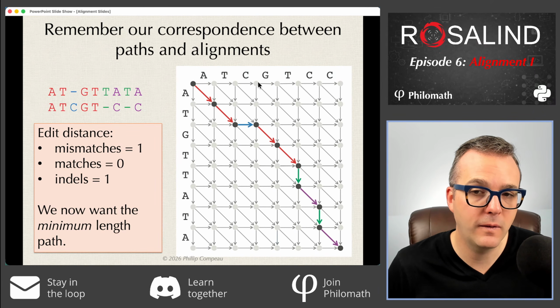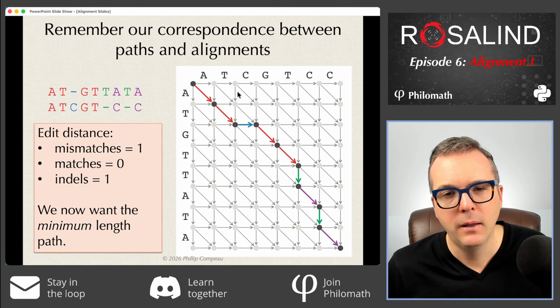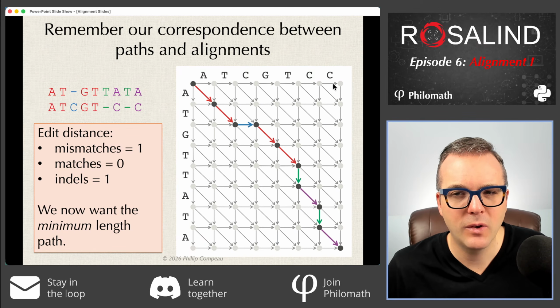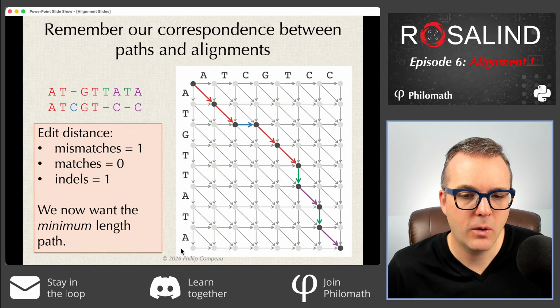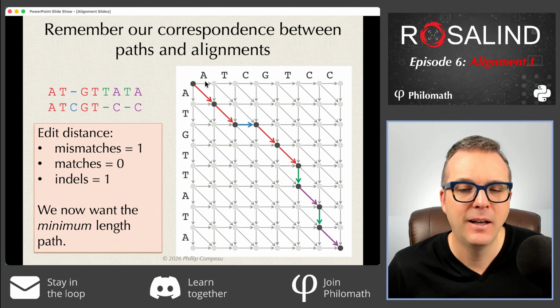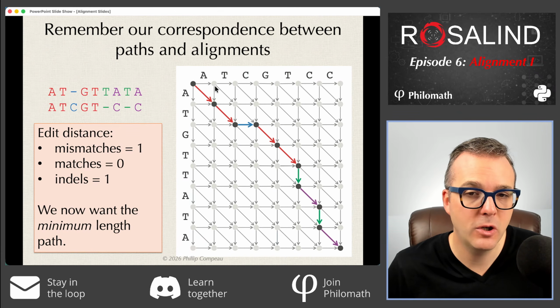So if I were here, for example, I'm aligning ATC against nothing, which means I'm picking up 3 horizontal edges and I'm penalizing each of those with a 1. So I can set all the values of the initial row and the initial column, but I want to make sure that they're not 0. This should be 1, this should be 2, this should be 3, 4, 5, and 1, 2, 3, 4, 5.